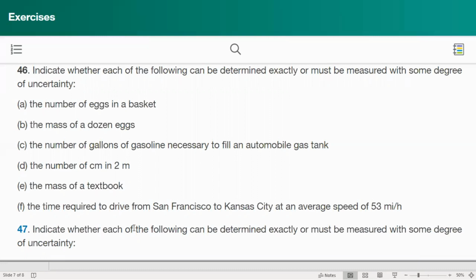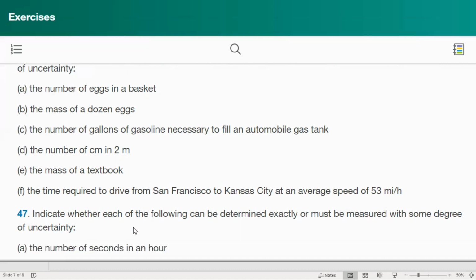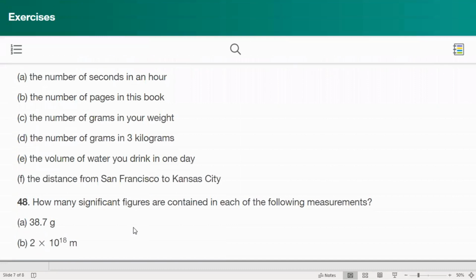The number of centimeters in 2 meters by definition, that would be 200 centimeters. So that's exact. The mass of a textbook is uncertain. The time required to drive from San Francisco to Kansas City at an average speed of 53 miles per hour, that is uncertain because we don't know the distance with certainty.